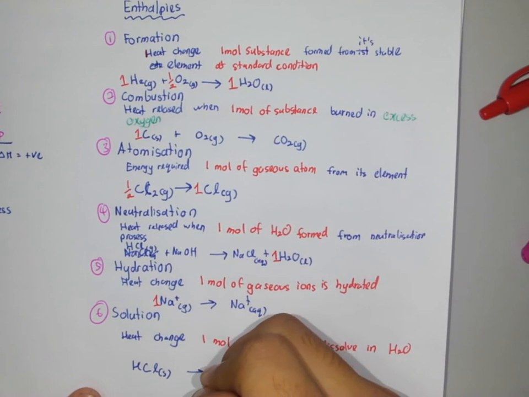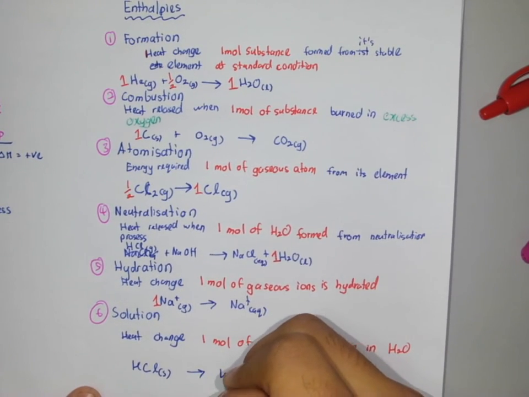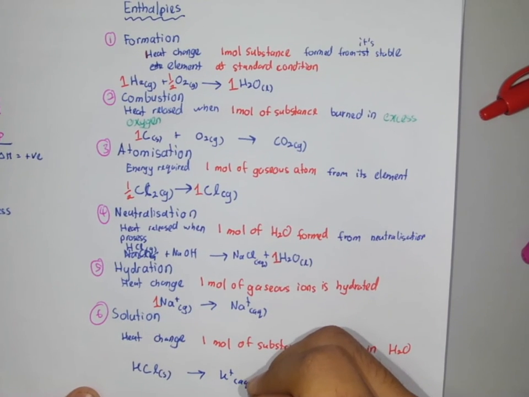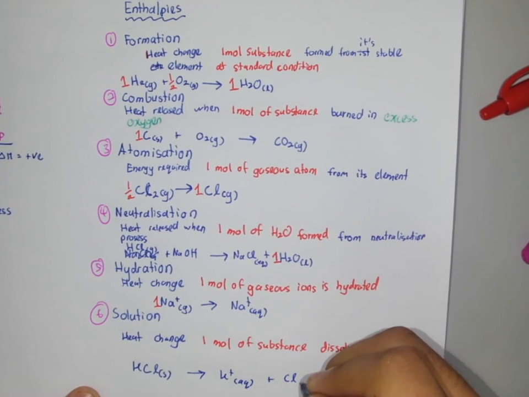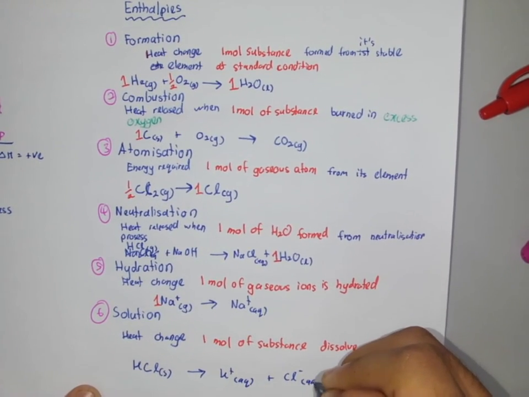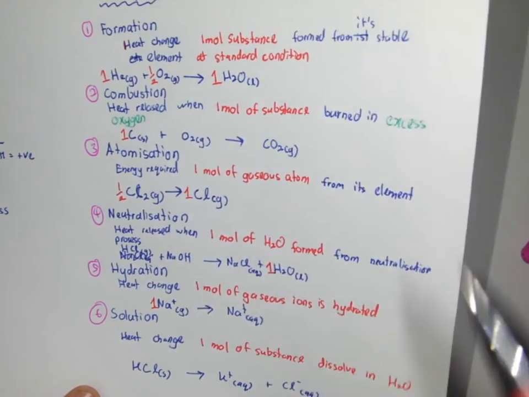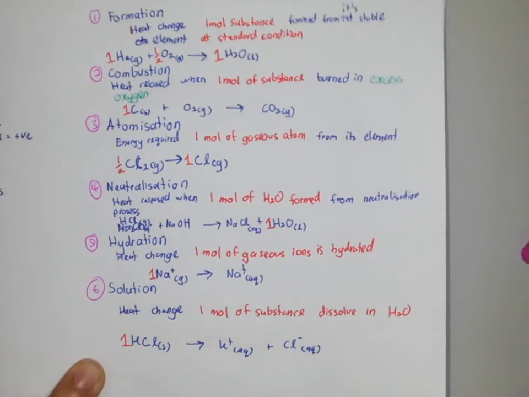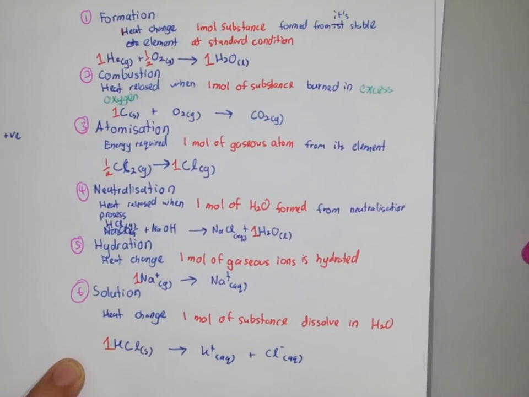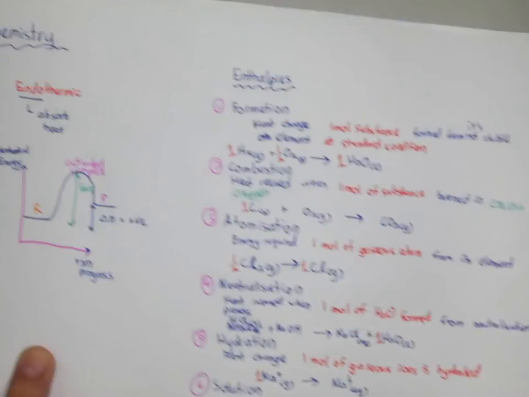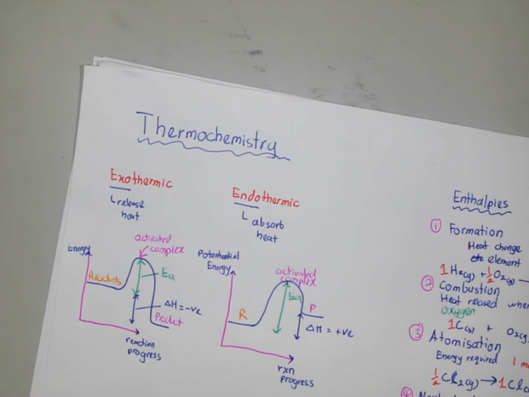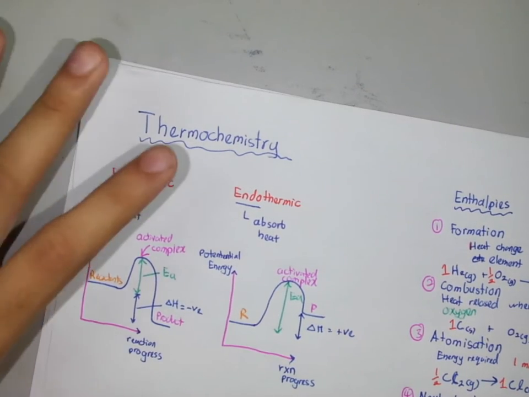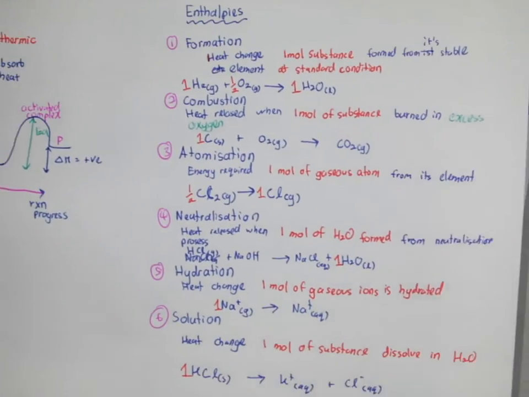We dissolve KCl, so it becomes K plus in aqueous and Cl minus in aqueous. And we just need to make sure that it is 1 mole of substance. So that is your enthalpies and your energy profile diagrams for exothermic and endothermic.